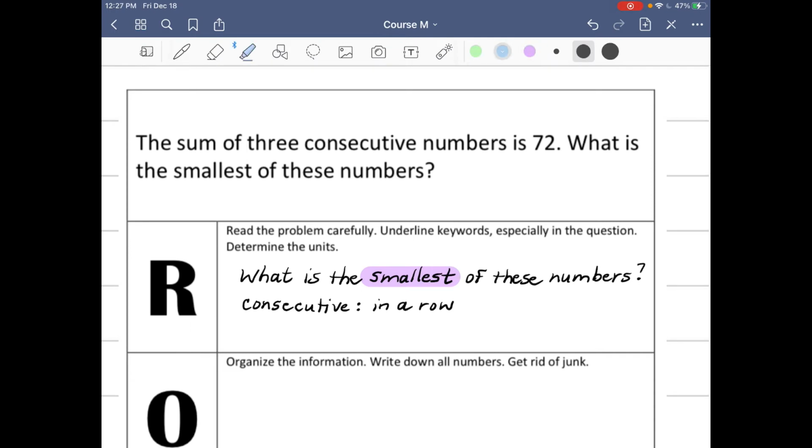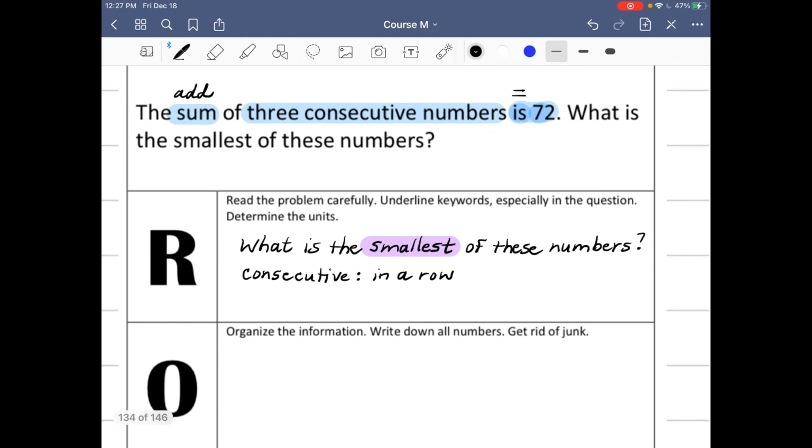So let's highlight. We know that we have the word sum, 3 consecutive numbers. There's the word is, and then 72. I know that is my equal sign, and I know that add is sum. So it is saying to add 3 numbers in a row and you'll get 72.